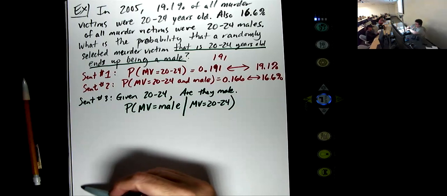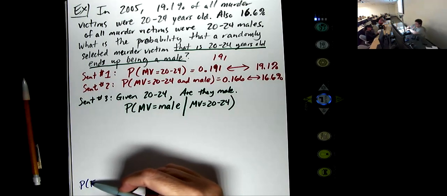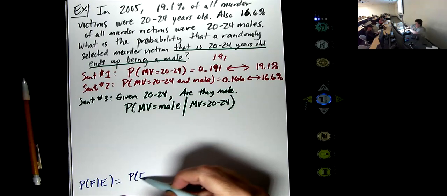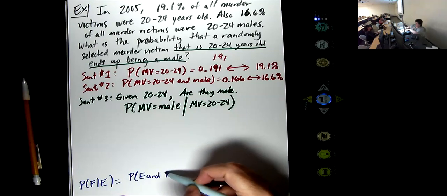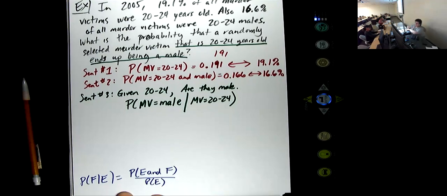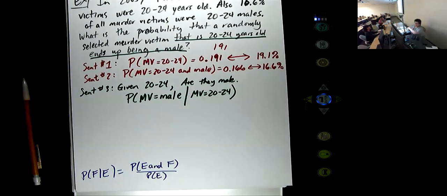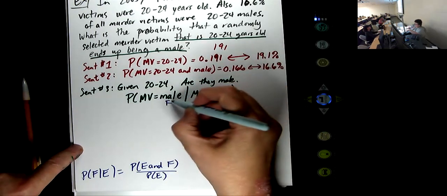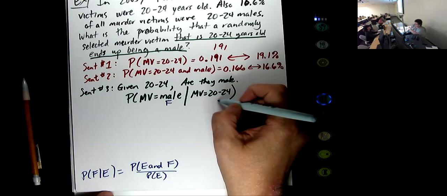So we had an equation for this topic. It was probability of F given E equals probability of E and F over probability of E. It looks like my F here is male murder victim, and my E is the age range.